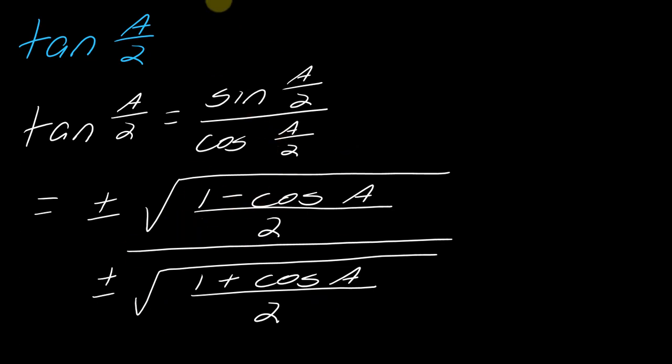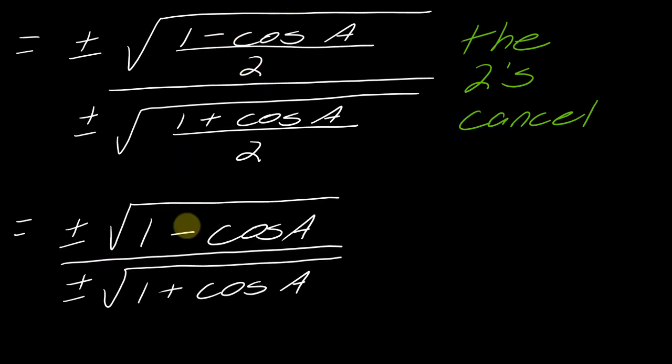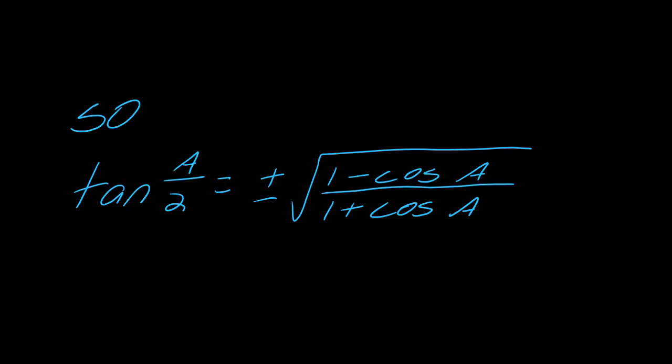From here, the 2's cancel, so these square root 2's cancel, and I'm left with this square root over this square root. I can put this all under the same square root so that I get this identity. So this is one way we could think about tangent of a over 2: plus or minus the square root of 1 minus cosine of a over 1 plus cosine of a.